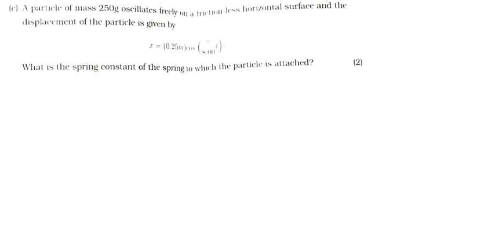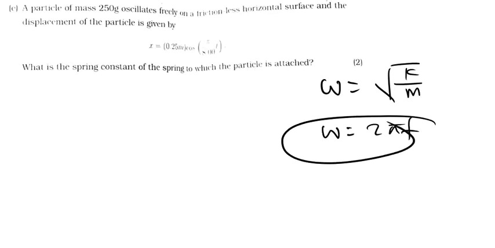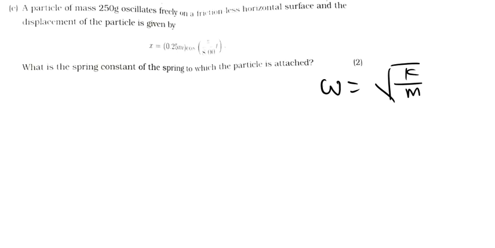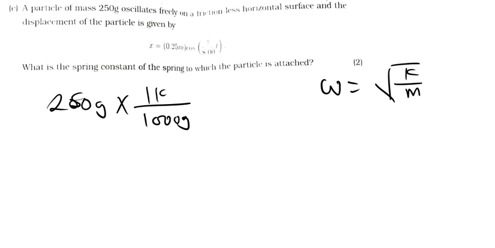In this case, you need just to focus on the angular frequency. You know that the angular frequency is given by the square root of k over m. Again, the angular frequency is also given by 2 pi f, but I can't use this because there is no relationship between this formula and the k. I'll use the first one because there is k. I have the mass. So this mass we have to divide by 1000. Okay, so in 1 gram or in 1000 grams there is one what?